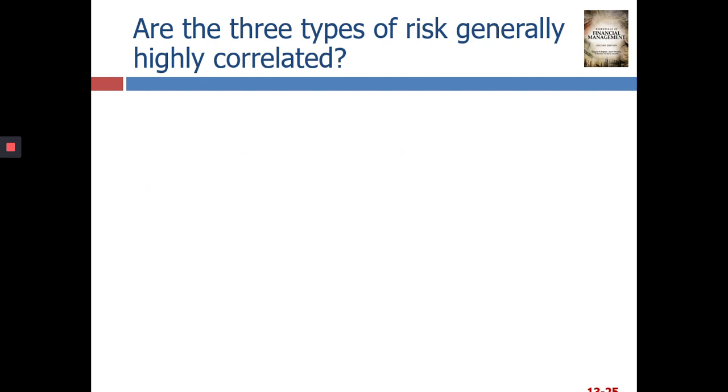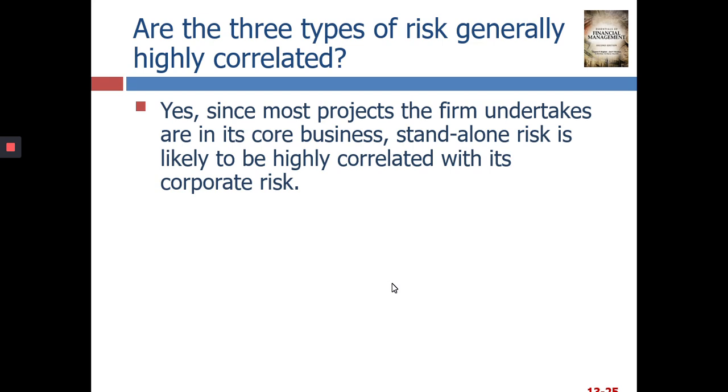Are the three types of risk generally highly correlated? Yes. Market risk, corporate risk, and standalone risk are all correlated with each other. Since most projects a firm undertakes are in its core business, standalone risk is likely to be highly correlated with corporate risk.